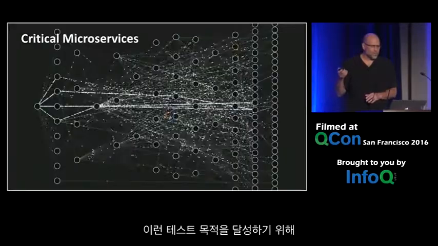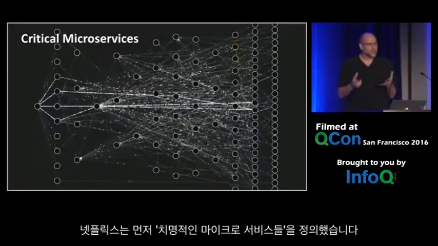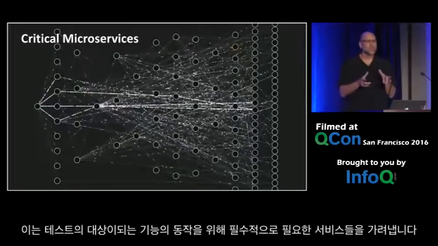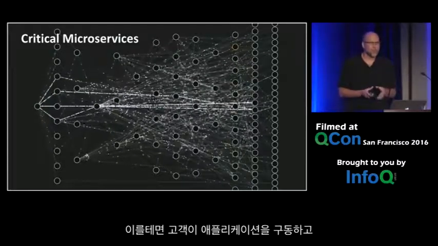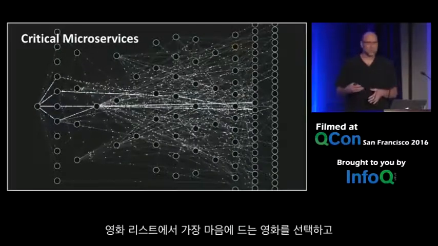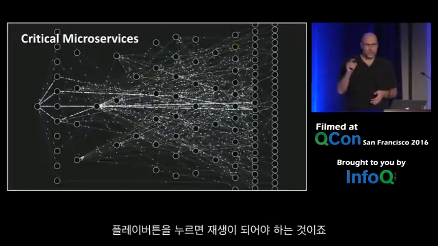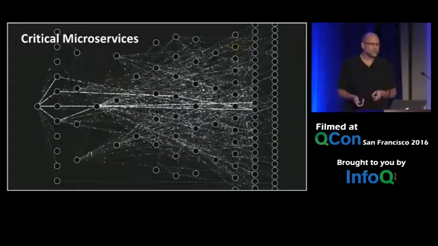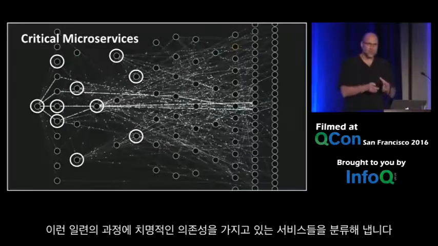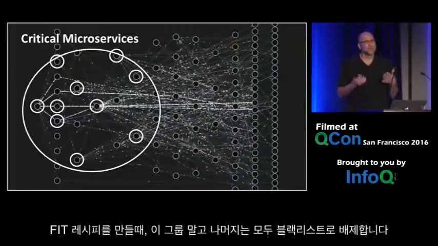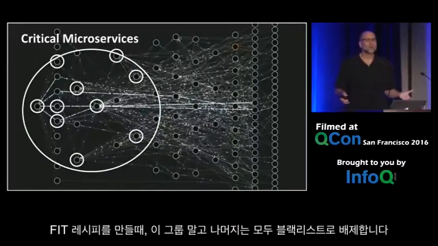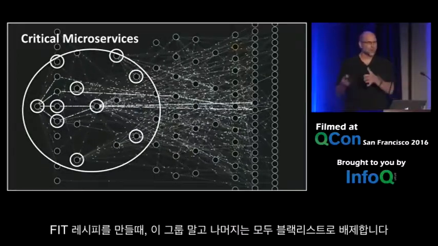And so to address this, Netflix defined this concept of critical microservices, the ones that are necessary to have basic functionality work. Can the customer load the app, browse and find something to watch? It might just be a list of the most popular movies, hit play and have it actually work. And so we've taken this approach and identified those services as a group and then created FIT recipes that essentially blacklist all of the other services that are not critical.